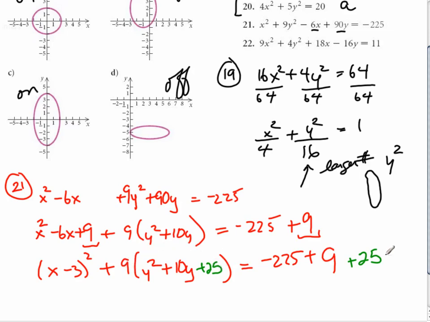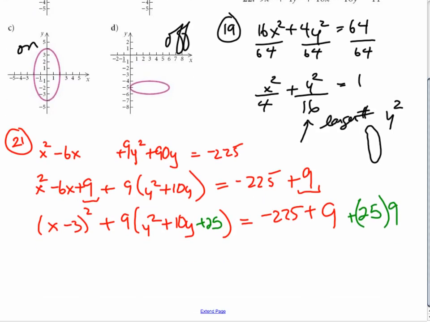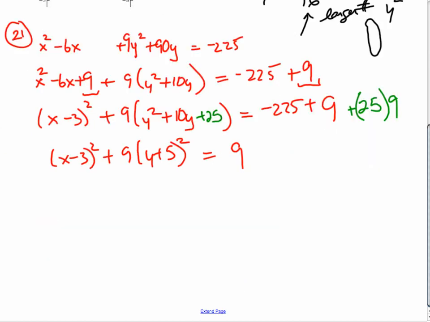So over here I have to add 25 times 9. Again, taking stock: x minus 3 squared plus 9 times y plus 5 squared is equal to whatever all this comes out to. I think it comes out to 9, since the 225s cancel out.